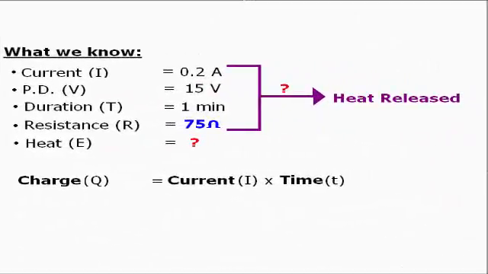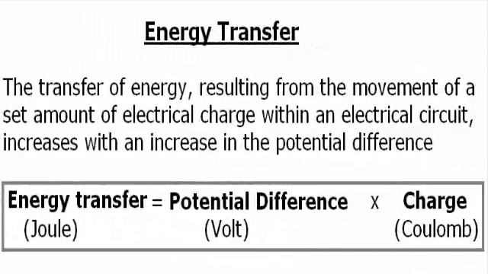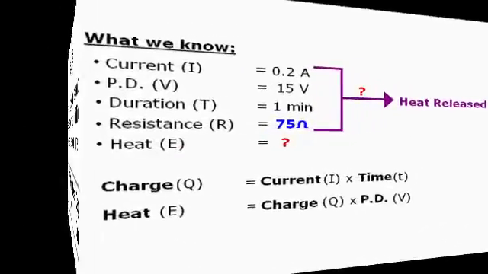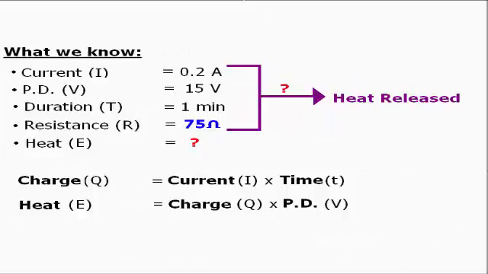Charge is really the product of current multiplied by time. But charge alone doesn't allow us to calculate the heat released from the electric circuit. Heat released, or energy transfer, is actually what we're looking for. Heat released is the product of our charge multiplied by our potential difference.